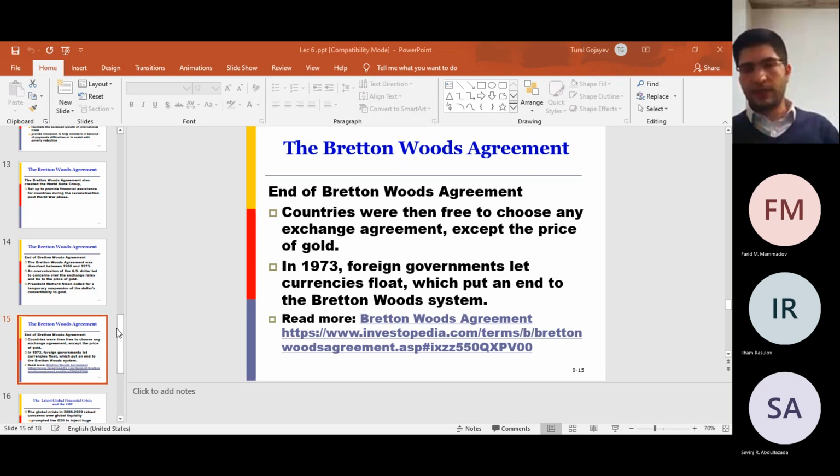It creates problems. We said that the government should spend lots of money in order to keep its currency stable, and it creates huge expenses. That's why this is not beneficial for government. Some governments are using floating currencies currently, starting from 1973.